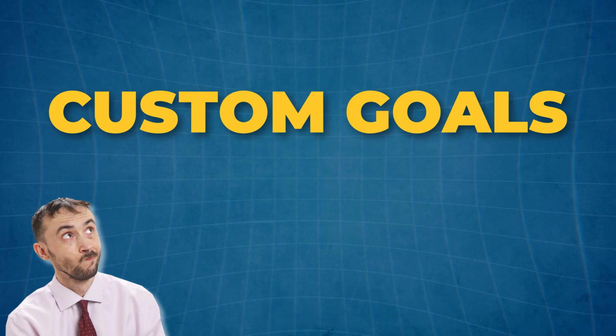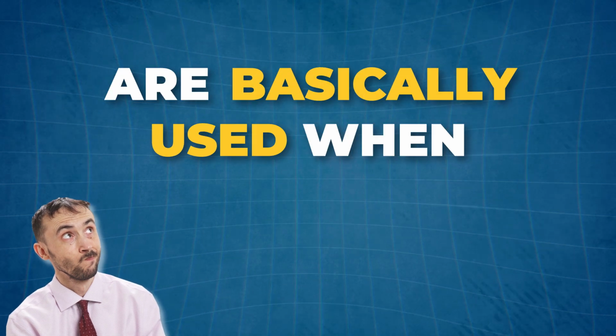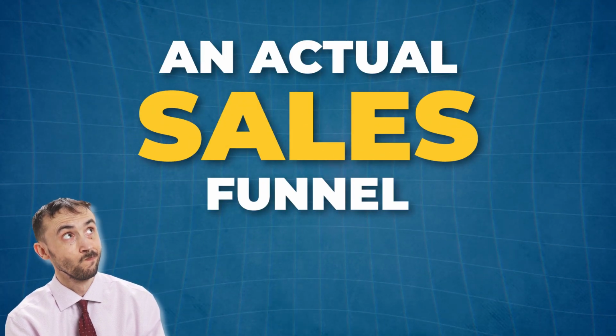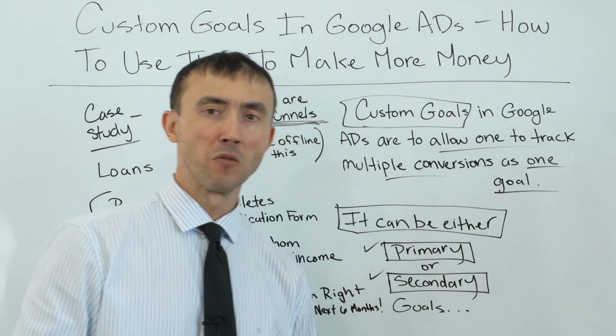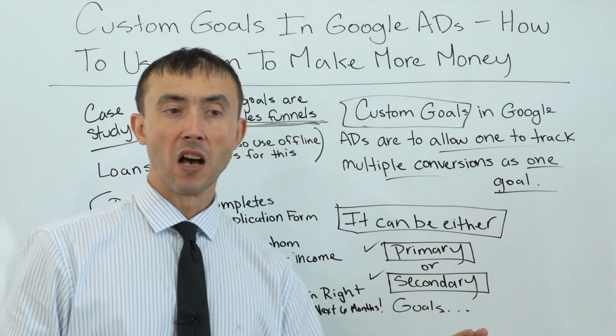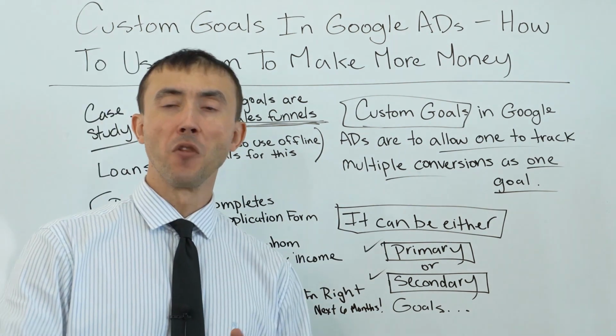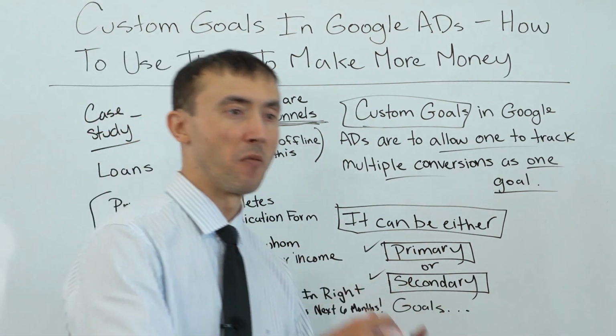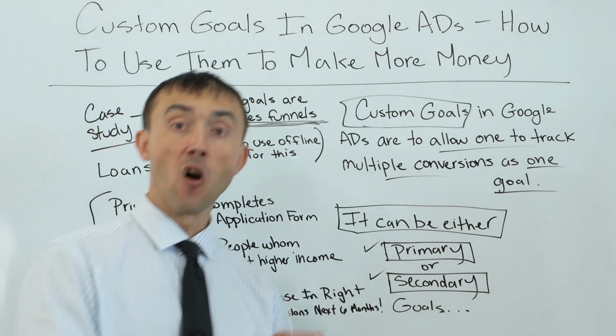First of all, custom goals are basically used when you have an actual sales funnel that you're trying to get users to go through. There are multiple steps, what we call multi-step forms on our website, or it could be multiple actions, like somebody has to fill out a form and then they have to call.